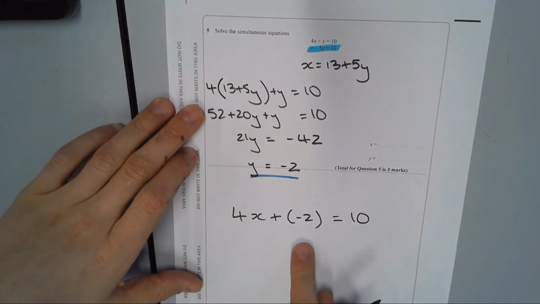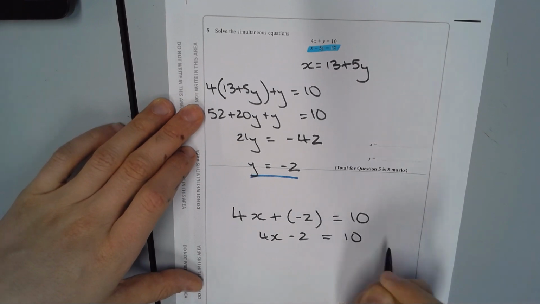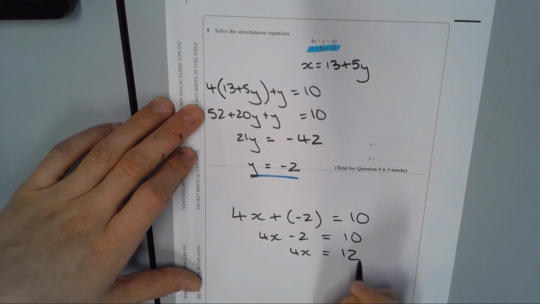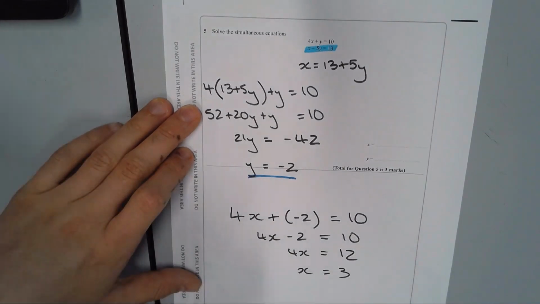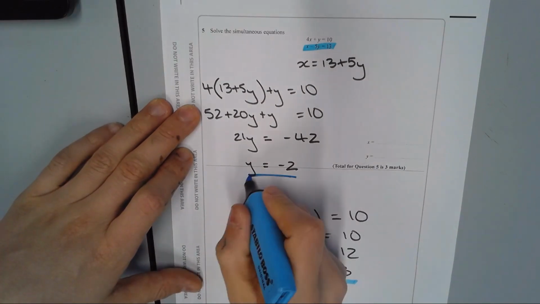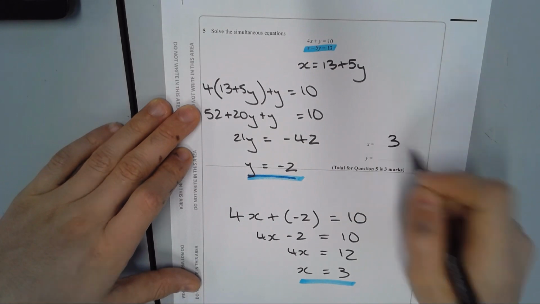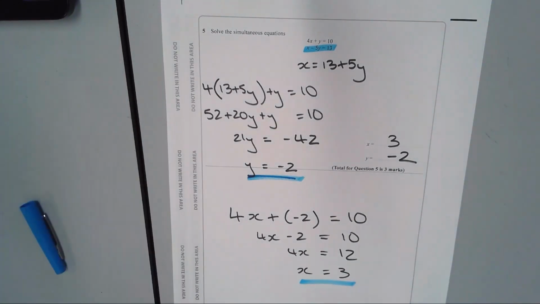Okay, so just simplifying that, that's 4x take 2 is equal to 10. So that means 4x is equal to 12, and x is therefore equal to 3. So there's our solutions there. X is equal to 3, and y is equal to negative 2, and that is our solutions for that one.